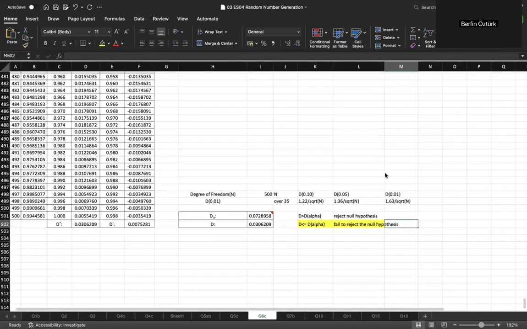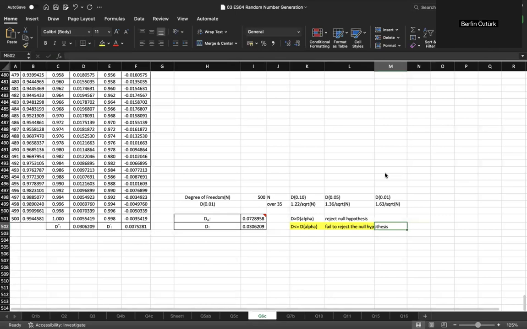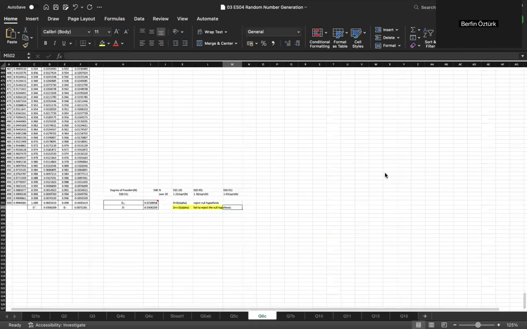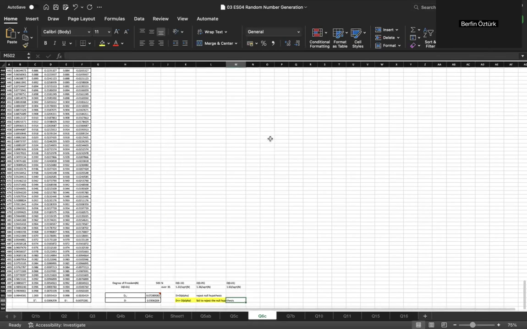So what does the question ask? Let me check again. Implement the Kolmogorov-Smirnov test and calculate D for the significance level. Conclude if the sample is really uniformly distributed or not. So we conclude it may come from a standard uniform distribution.